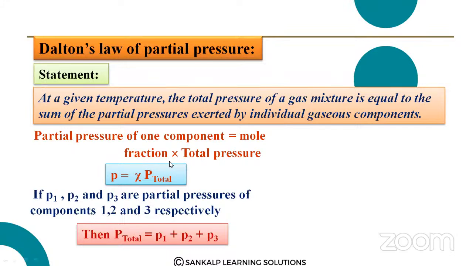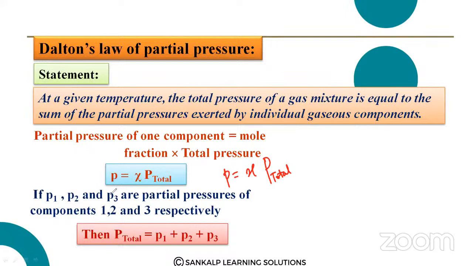The partial pressure of one component is mole fraction times its total pressure, so P = psi into P total. When you want to calculate the partial pressure of one component, you calculate it by mole fraction into the total pressure.